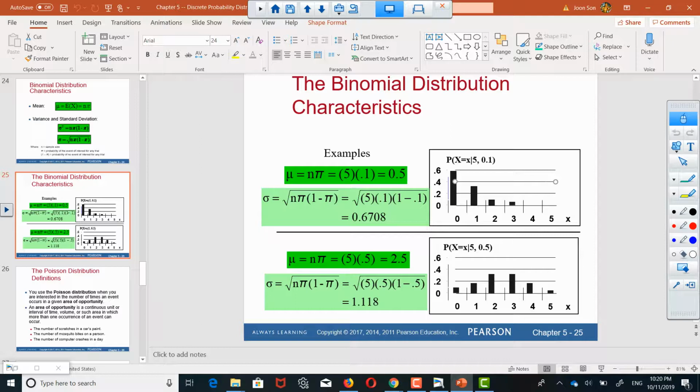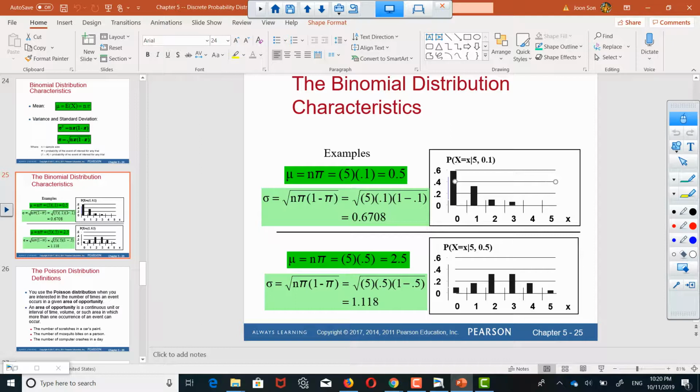This is another example. When n is 5 and the probability of interest is 0.5, on average the value for the random variable x is 2.5.